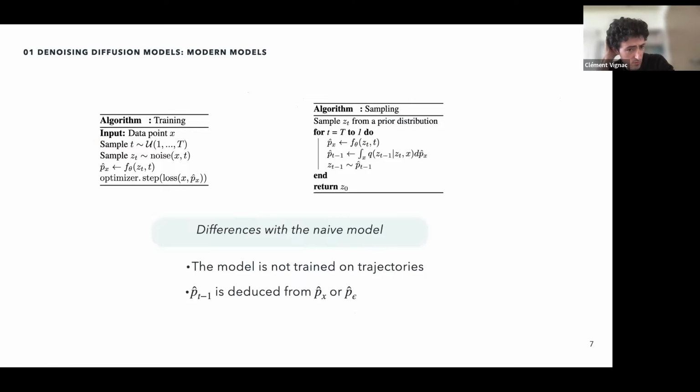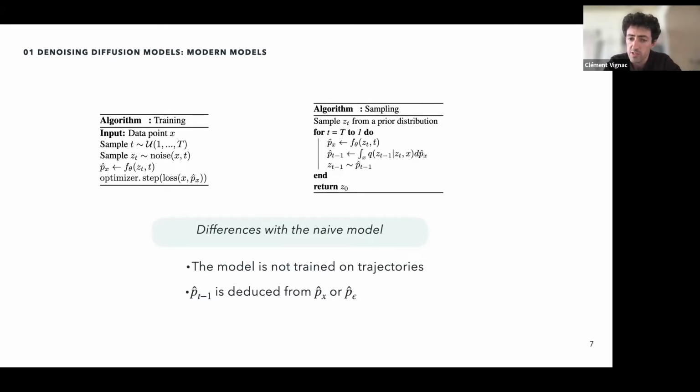They more or less look like this, with quite little variations in the end. So if we look at the training, what can we see? We sample a time step, we add noise until this time step. And then instead of predicting step t-1, usually we predict the clean input, X, directly. Or often we predict the noise that was added to the clean input, but it's kind of equivalent.